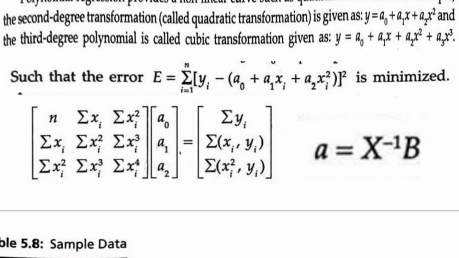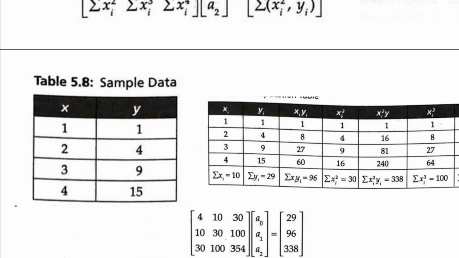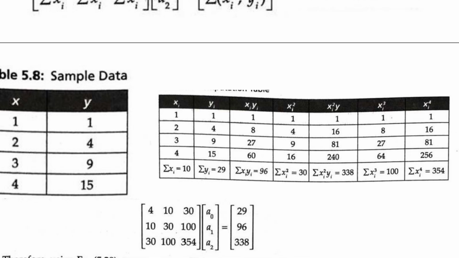We can get all these values with easy computation: the inverse of the x matrix times B. This is the given sample data: x = 1, 2, 3, 4 and y = 1, 4, 9, 15. I said that it is non-linear; there is no linearity between x and y.